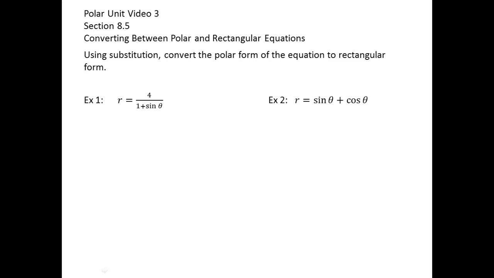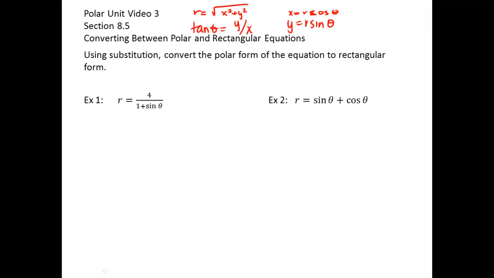So since you have it on the top of your page, and I want to be able to reference it on here, we know that r equals the square root of x squared plus y squared, that the tangent of theta equals y over x, x equals r cosine of theta, and y equals r sine of theta. So those are the things I'm going to use as I complete this.